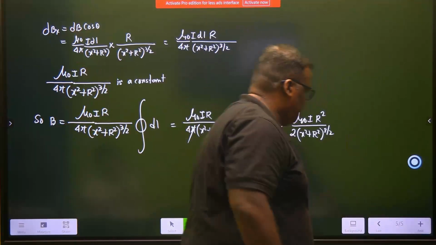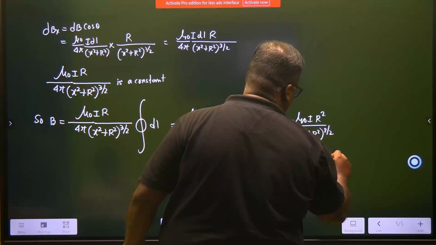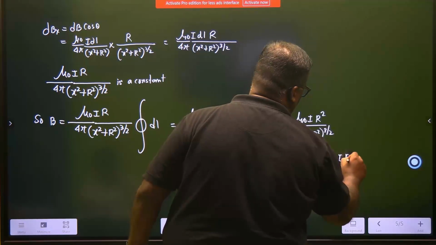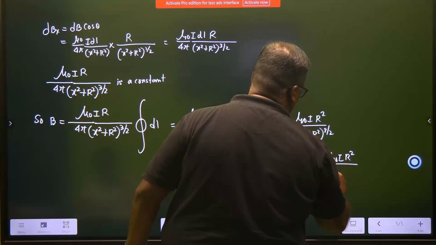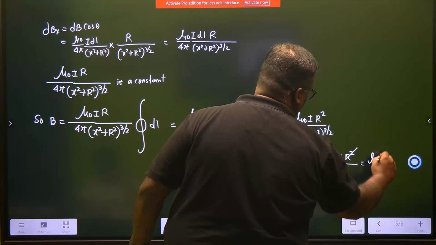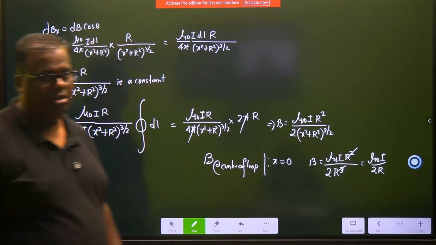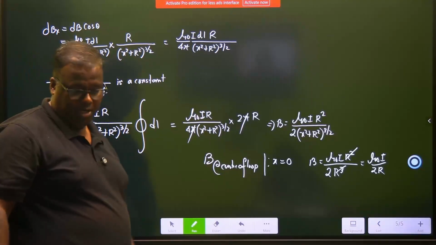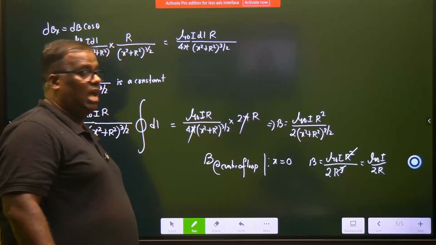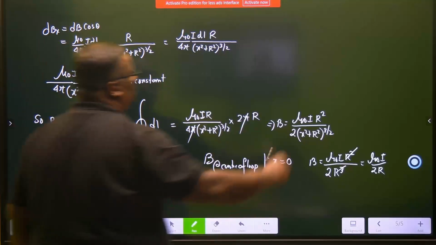So if x becomes 0, then your expression becomes B is equal to mu naught I r square over 2 r cube, which becomes mu naught I by 2r. This is a special expression when at the center.